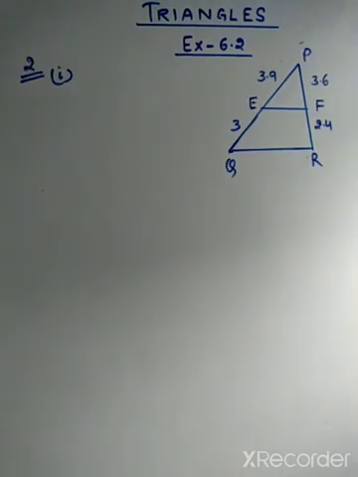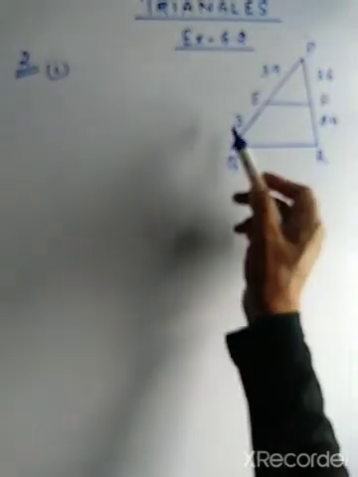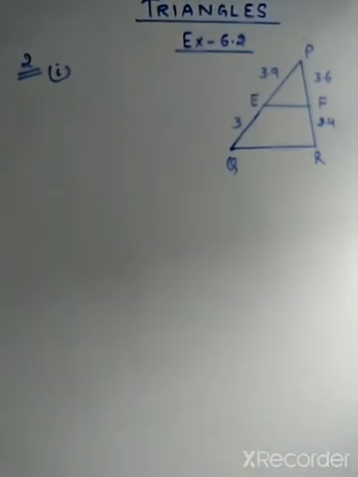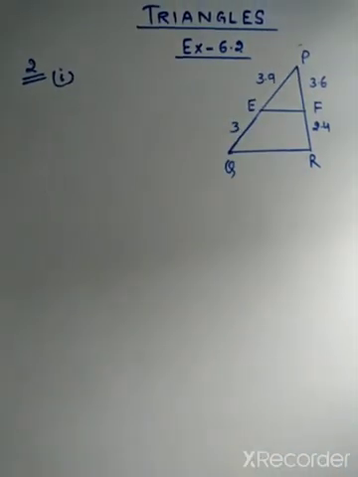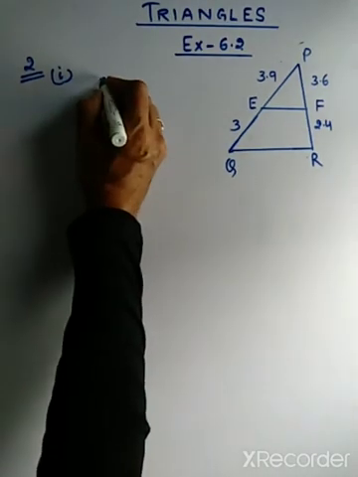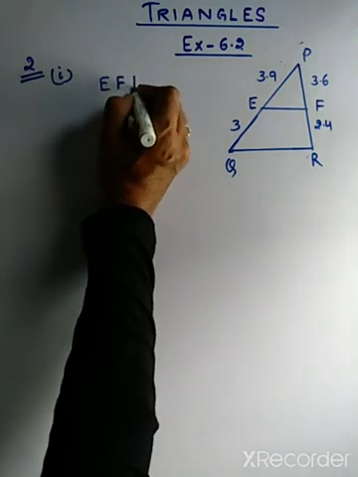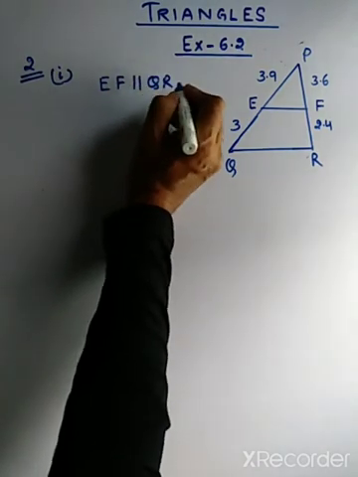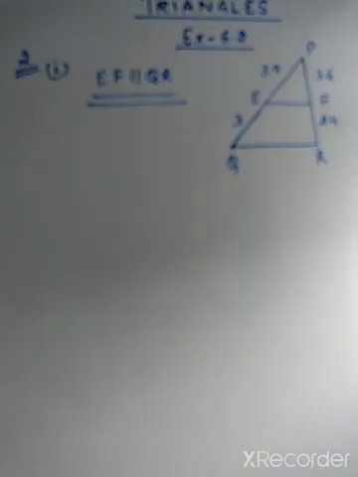Second question of exercise 6.2. E and F are points on the sides PQ and PR of triangle PQR. For each of the following cases, state whether EF is parallel to QR. Now we have to check whether EF is parallel to QR or not in all the cases.